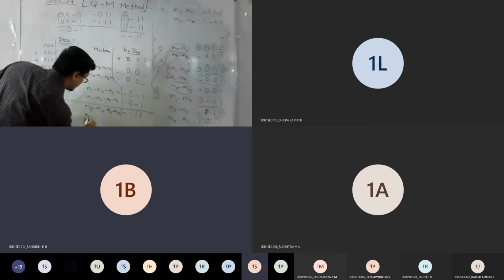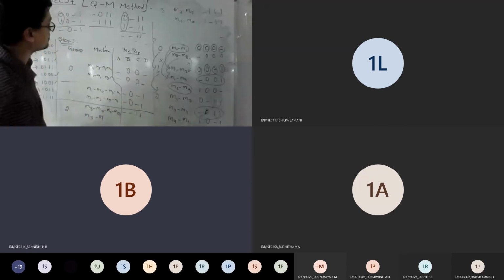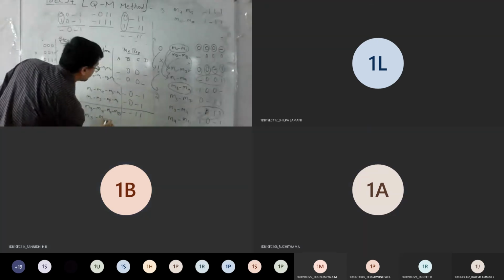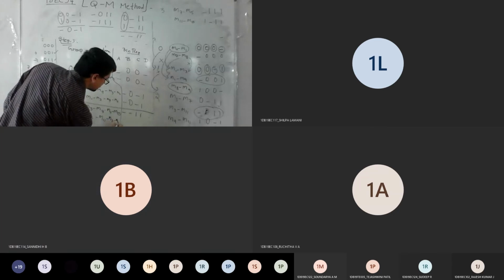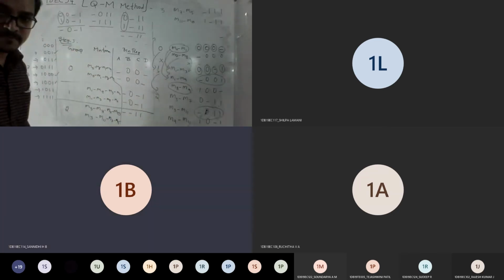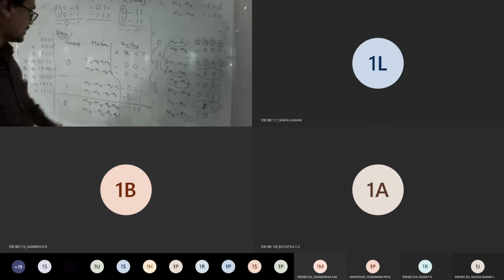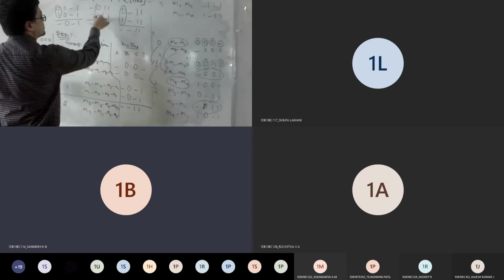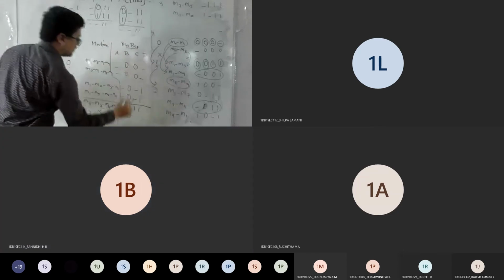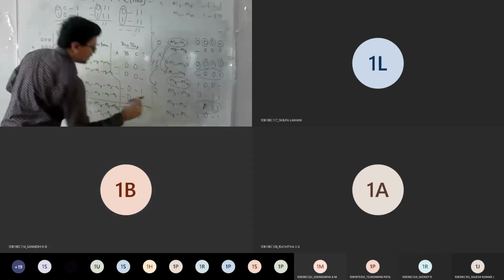So what you told is M3, M11, yes. M7 with M7, M15. Is it correct? Yes, sir. So what is the thing? This is what you will get, right? This is a change, dash 1 1. So dash dash 1 1.